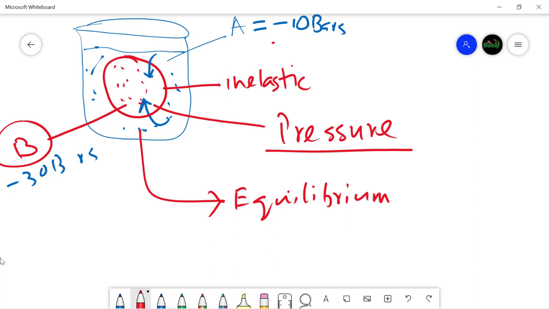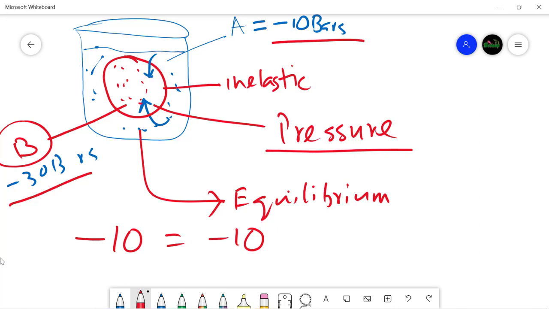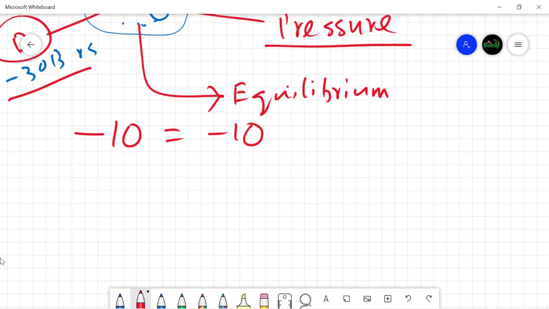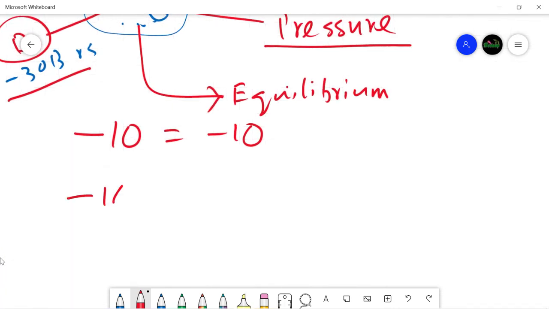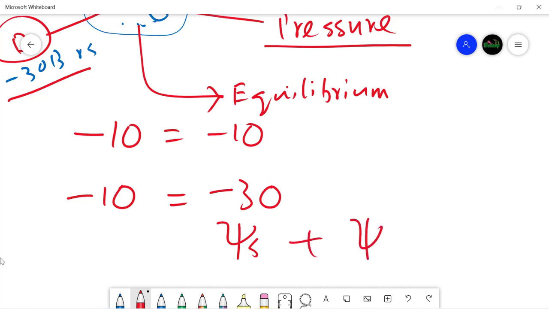Now outside we know the water potential is minus 10 bars, and inside it is minus 30 bars. Equilibrium means that the water potential on both sides is equal to minus 10. Now how can that be? This is how it works. We have minus 10 in the beaker, and inside we have minus 30 solute potential, psi s, because water potential is equal to solute potential plus pressure potential.